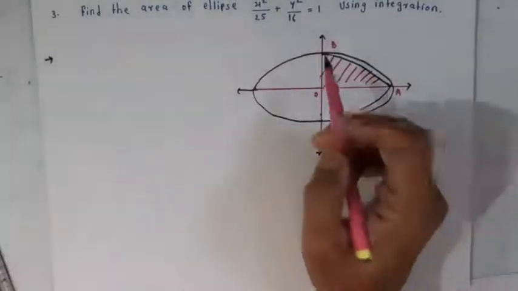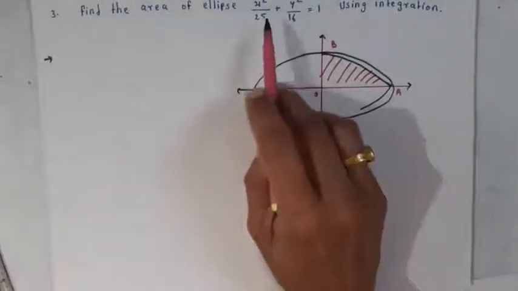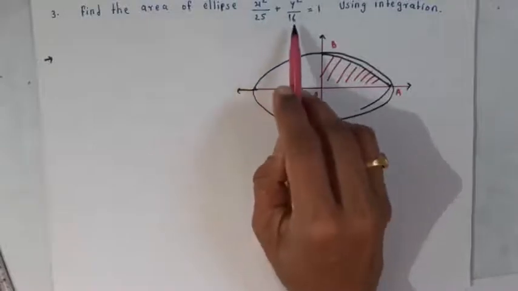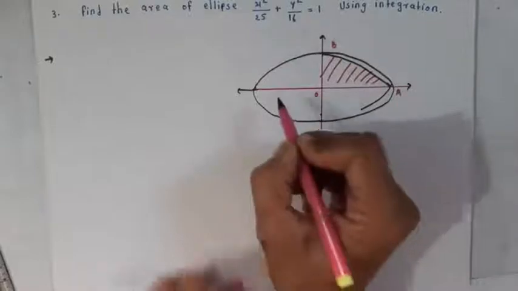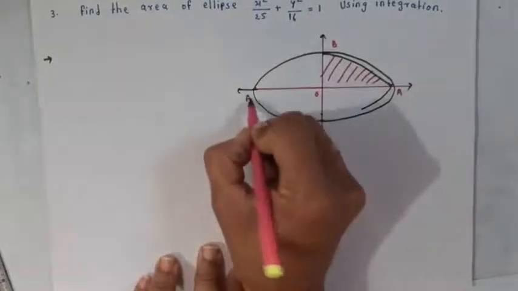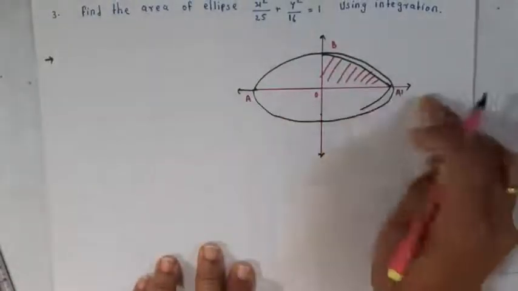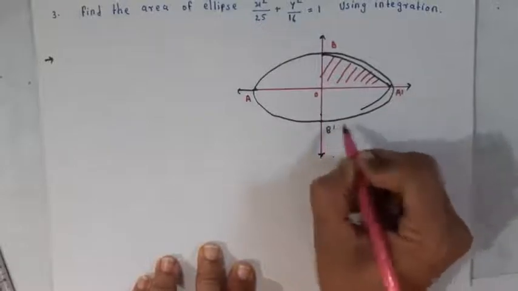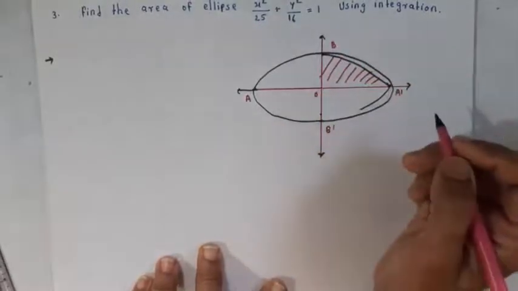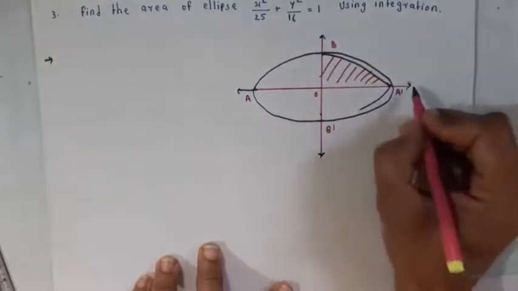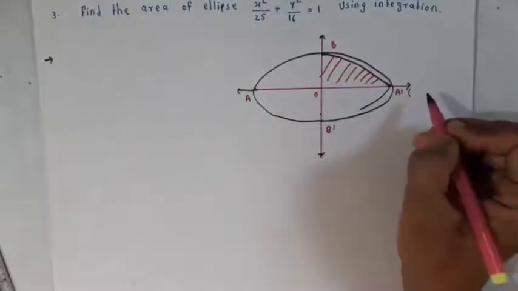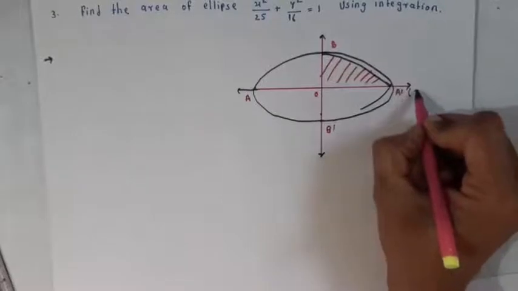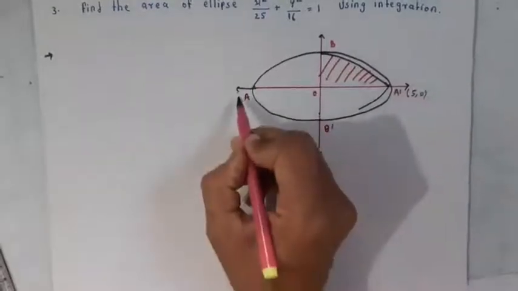So the ellipse is x square upon 25 plus y square upon 16 equal to 1. Here A dash A is the major axis and B dash B is the minor axis. So coordinates of A are 5, 0 and A dash is minus 5, 0.